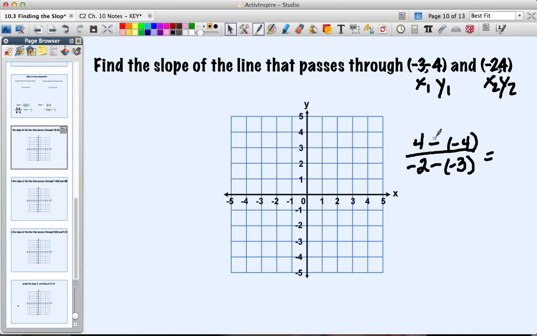Okay, and a minus a negative is like plus a positive, so this gives us a rise of 8. Again, minus a negative is like plus a positive. -2 plus 3 is going to give us 1, so this would give us a slope of 8. And remember, I can change this because it gives me a whole number for an answer, not a mixed number.